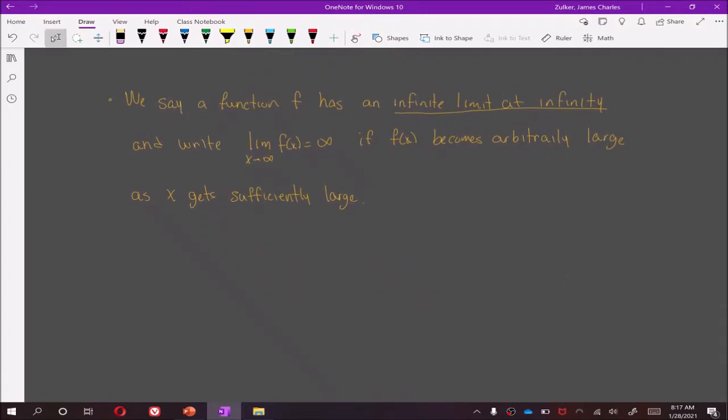And the second definition, practically identical, except it's now a negative infinite limit at infinity.